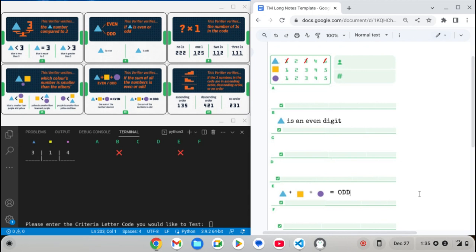Well, we already established that triangle must be an even digit. So if we want the overall sum to be odd, that means that one of the other digits, square or circle, has to be even, the other odd. So yeah, among square and circle, one is going to be even and the other odd.